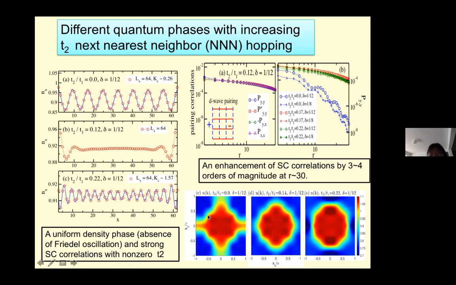So that is connected to this very strong CDW. But for the weaker stripe order, we do not see a very clear picture from the electron occupation number.